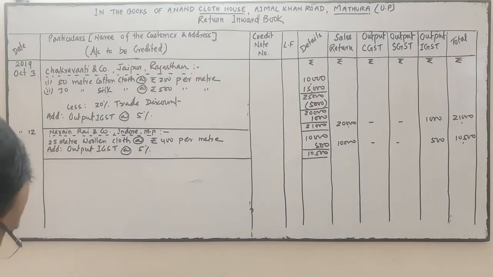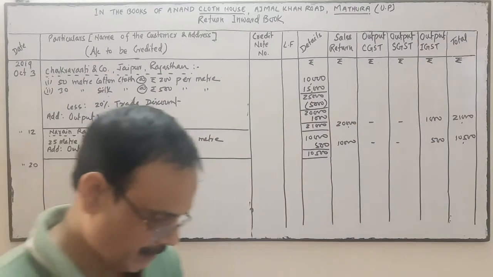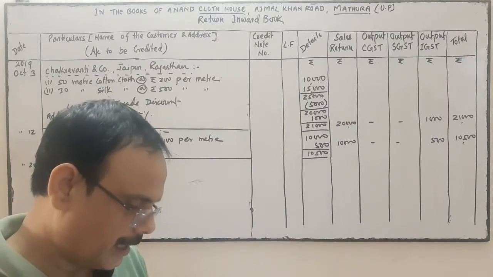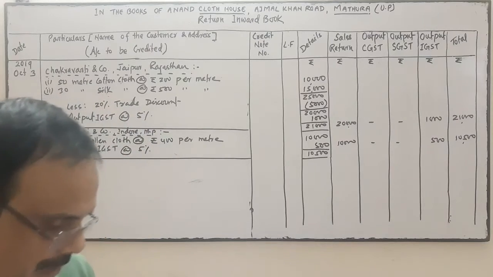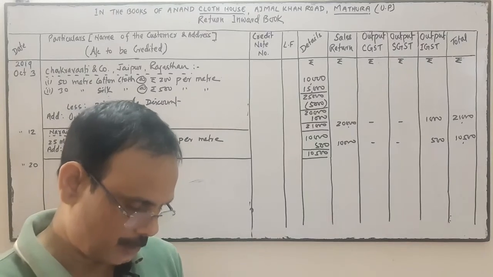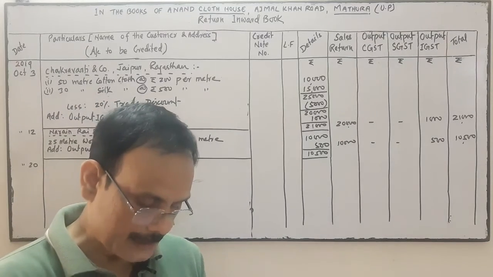Now see the next. On October 20, goods sold to Janki Das Sitaram, Agra, now returned by them. Goods sold to Janki Das Sitaram, Agra, UP. So it's of UP. Now returned by them.